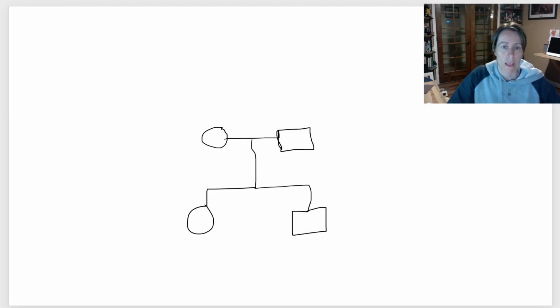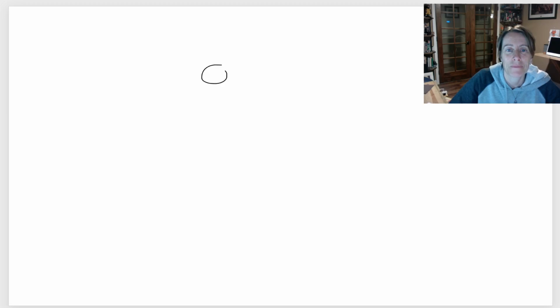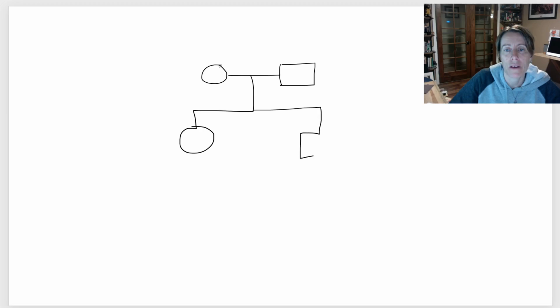Okay, so I am blood type B. That's my blood type. So, you know what? I'm going to start this over higher up. So here's my mom, here's my dad, here's me, here's my brother.